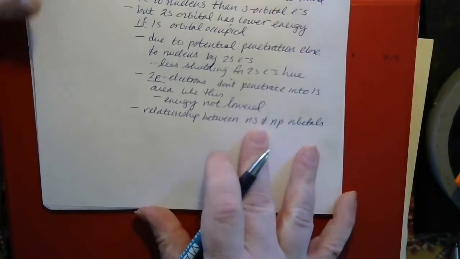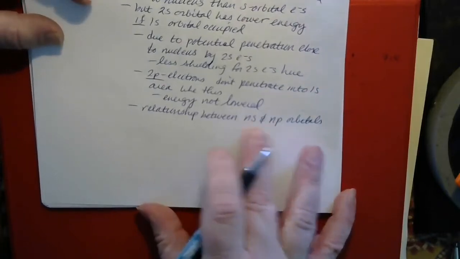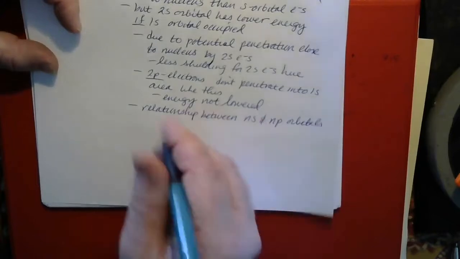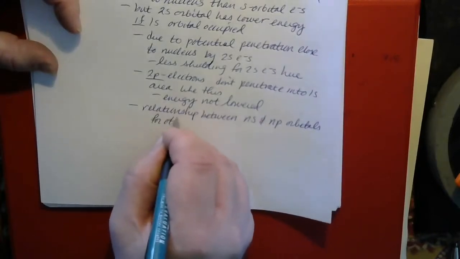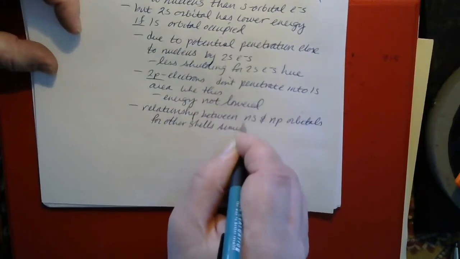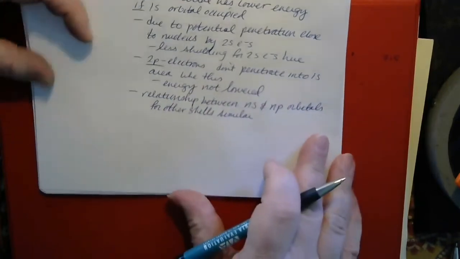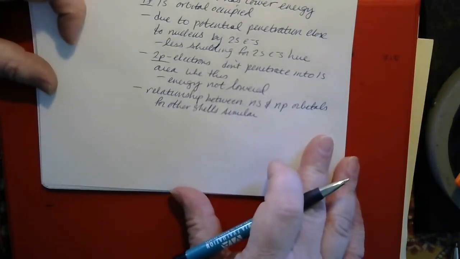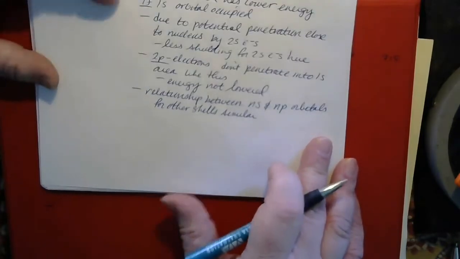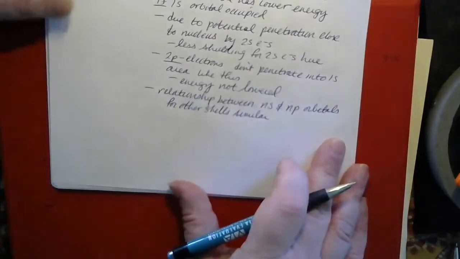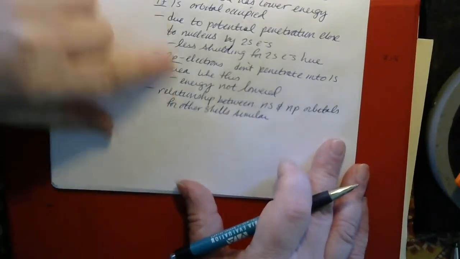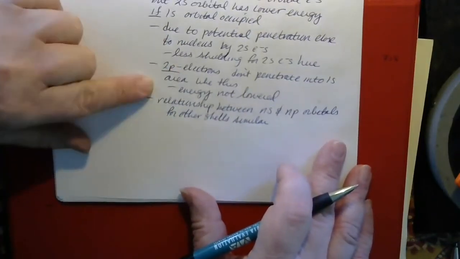And it turns out that the relationship between the s and p orbitals for other shells is similar. In shells starting with n equals 3, the relationship between the s and p orbitals is actually similar to what it is in the second shell.